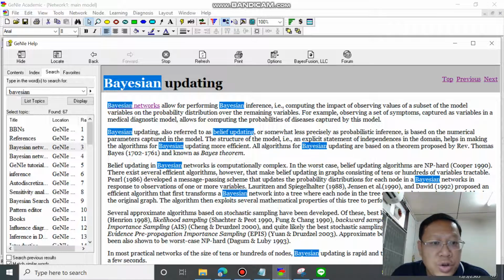It is based on the numerical parameters, the probability values captured in the model, and the structure of the model. For example, an explicit statement of independency in the domain helps in making the algorithm for Bayesian updating more efficient. All algorithms for Bayesian updating are based on a theorem proposed by Thomas Bayes, known as Bayes theorem.